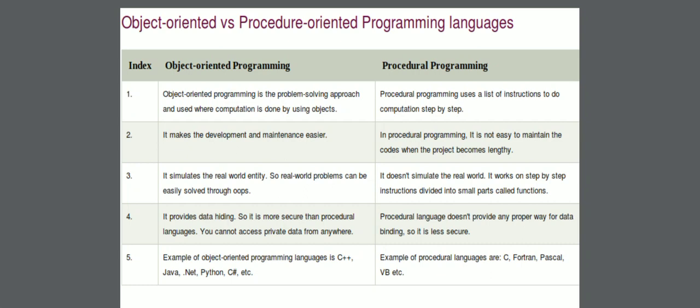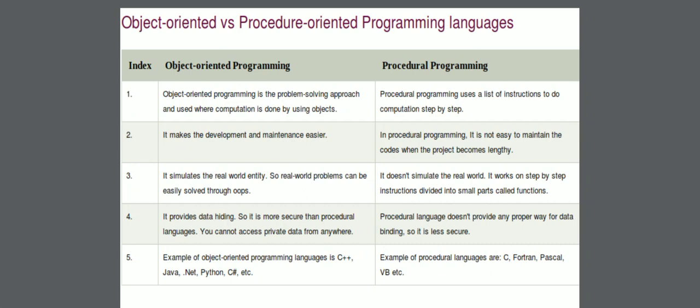And to maintain the code in OOP is also very easy. In procedural programming, the scenario is somewhat difficult. It is not easy to maintain the code when the project becomes lengthy. And hence to develop software applications, object oriented programming style is used in many areas.